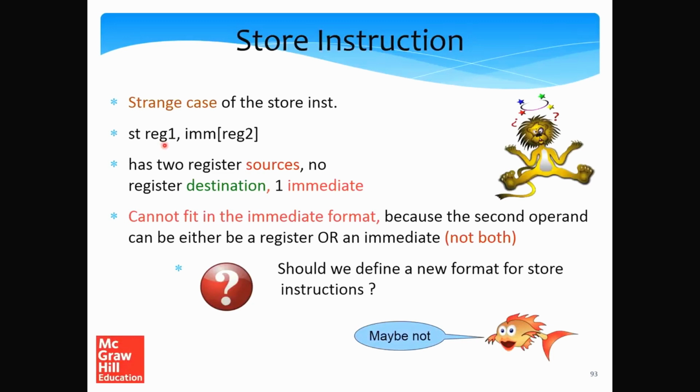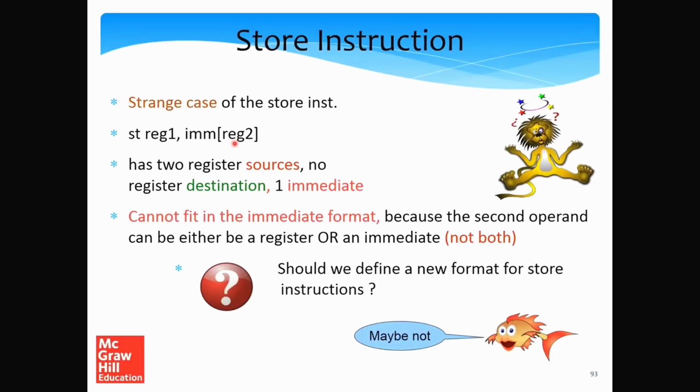One of them is a register source, which provides the data that needs to be stored in a memory address. In the memory address, reg2 is the base address and im is the offset. So it has 2 register sources, reg1 and reg2, from which we get data. The destination is memory, so there is no register destination, and there is one immediate.